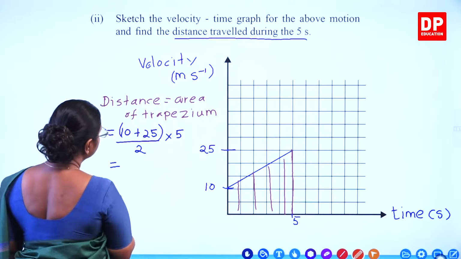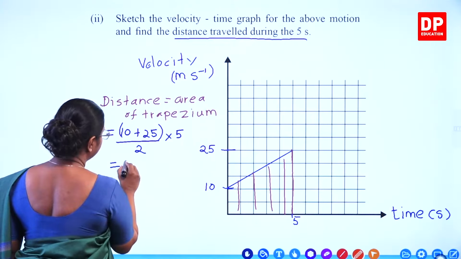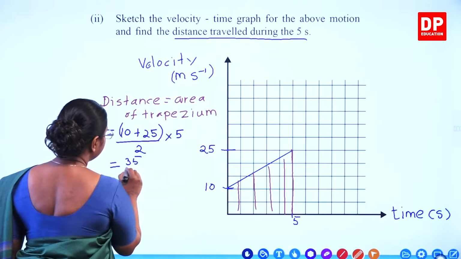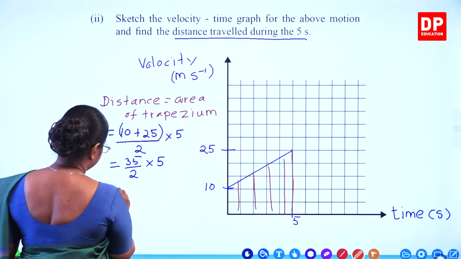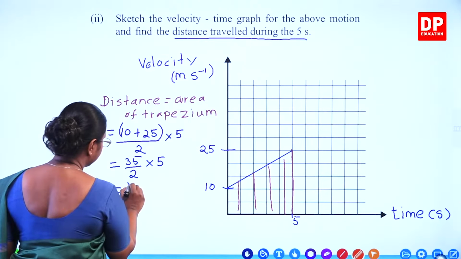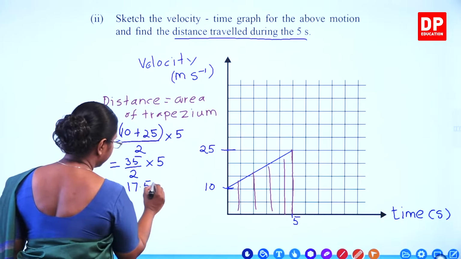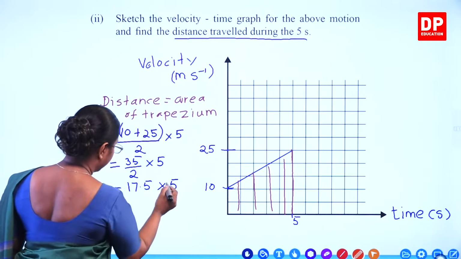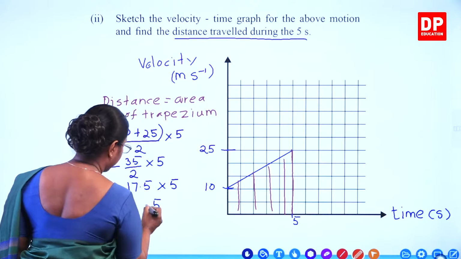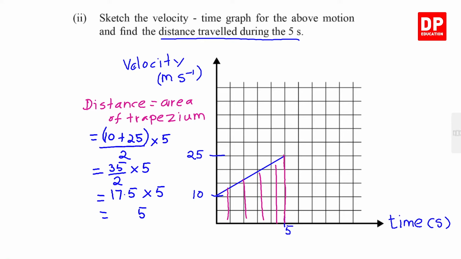If I do the calculation, 10 plus 25, 35, divided by 2, into 5. So here 35 divided by 2 is going to be 17.5, and if we multiply that by 5, you will get a value of 87.5 meters.